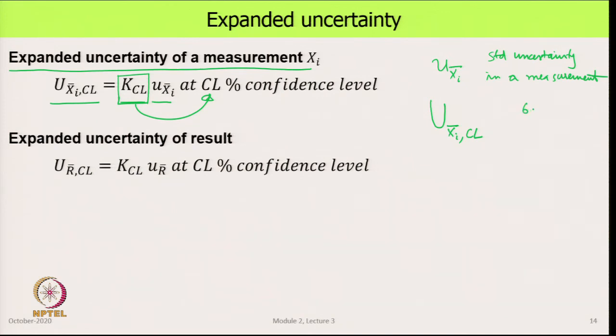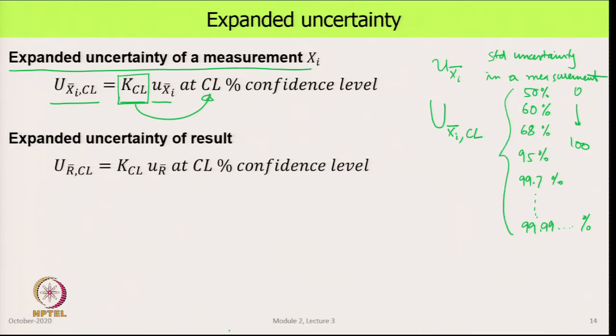Confidence level could be 60%, 50%, any value. Theoretically, you can go any number between 0 and 100. The most common ones are 67, 68%, 95%, 99.7%, and then you could go to 99.99 something percent. Purely as a statistics exercise, there is absolutely no restriction on what these could take.